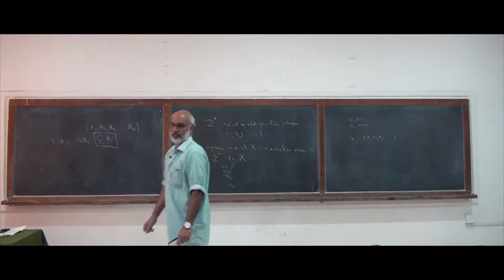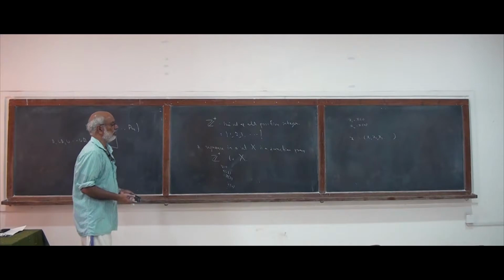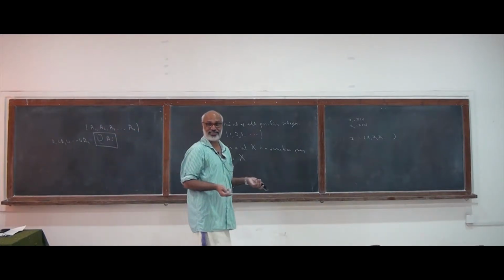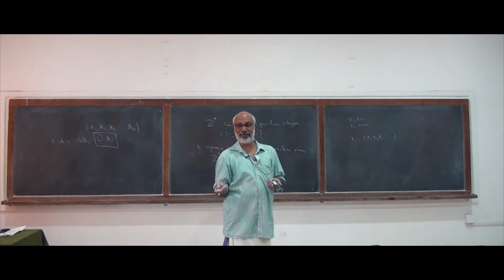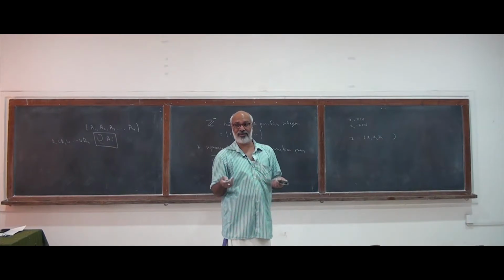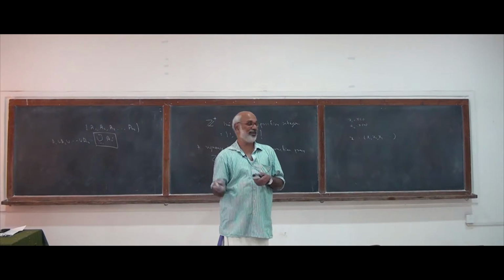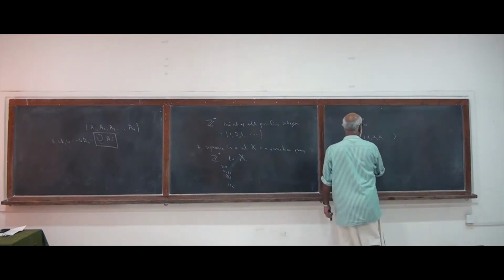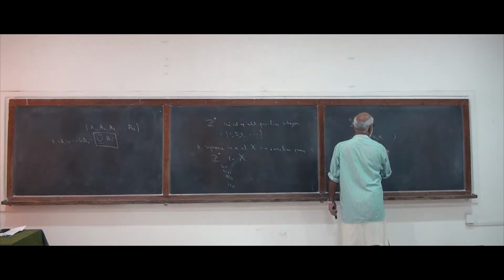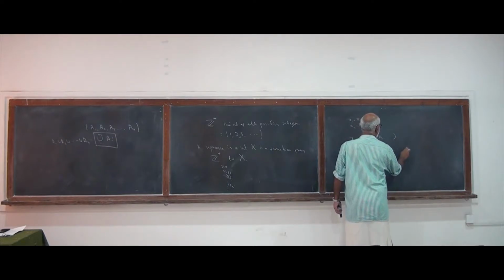So this is a sequence, and of course we are familiar with various sequences, say 1, 2, 3, 4, 5 etc. The sequence 1 by 2, 1 by 3, 1 by 4 etc. So this is a sequence.